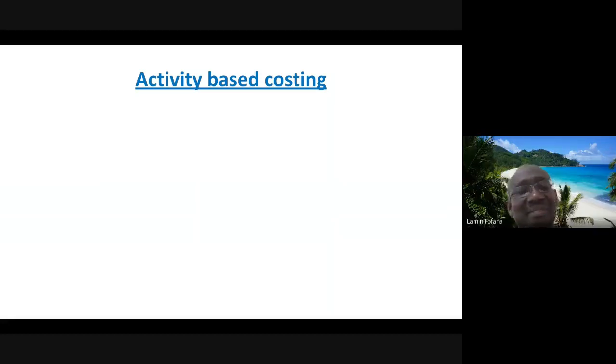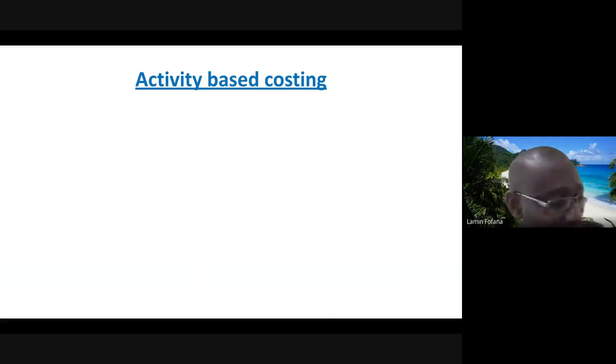Mr. Fofana. Yes, Sehu. I believe activity-based costing is a costing technique whereby the main focus of our result, which is going to be the total cost, is based on the particular activities that are involved in the production or anything that has to do with that particular product. The actual activities alone, not any other things.